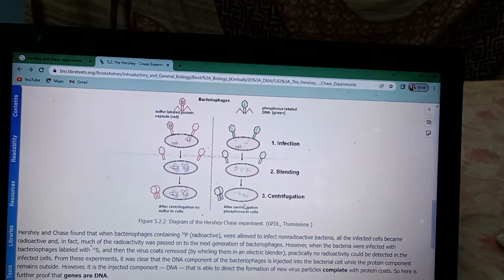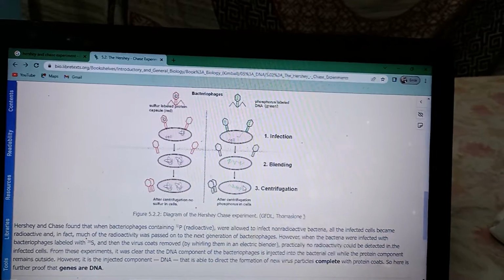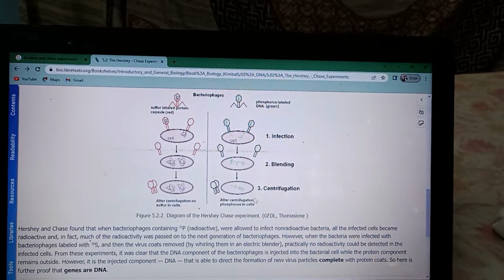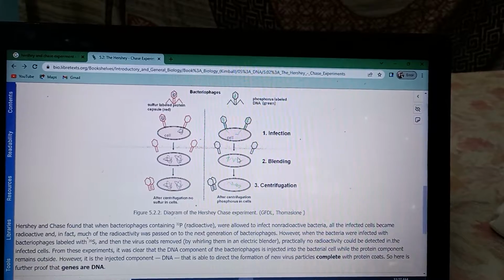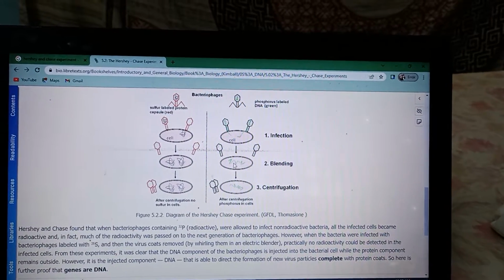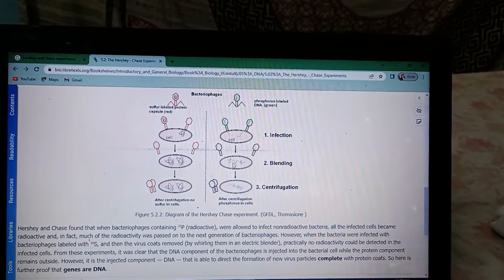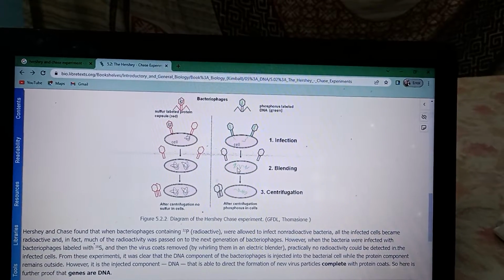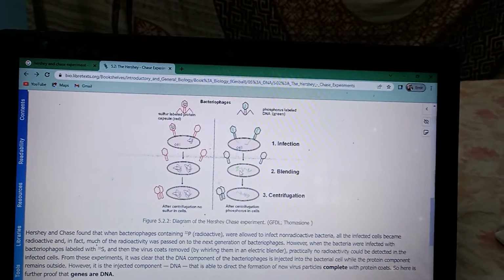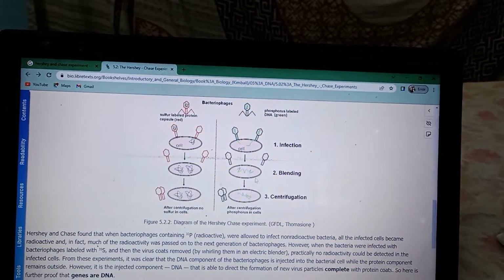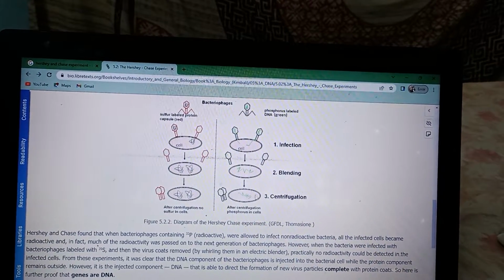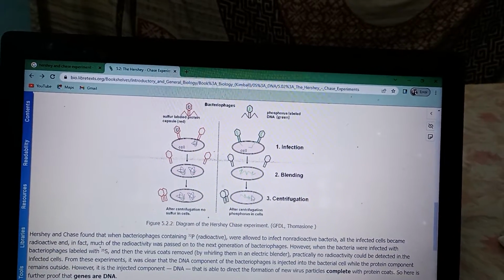Coming to the other case, after centrifugation, there is phosphorus in cells. As we know, we radio labeled the phosphorus, because the genetic material, that is our DNA, has the phosphate bonds, so we radio label the phosphorus groups. So the end product is genetic material radiolabeled with phosphorus.